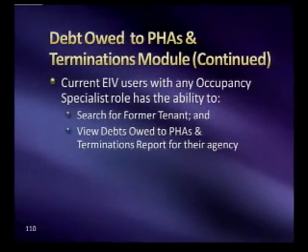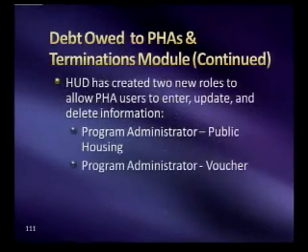You also will be able to view the debts owed to PHAs and termination report for your agency. However, most of you are like, Nicole, I am dying to enter this information. Y'all are so psyched. Y'all are to be commended, because you're like, I'm ready to put this data in. I can't see how to put the data in there. I told you in September '09 when the system was released, you have to have the special role.